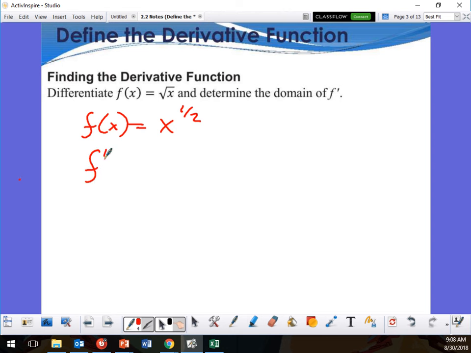So f prime of x is equal to, the 1/2 goes out front, right? 1/2 x, and what do I do to my exponent? Subtract 1, right? So if I subtract 1, I get negative 1/2. So if I clean that up, that goes down to the bottom. So it's going to be 1 over 2x to the positive 1/2, right?